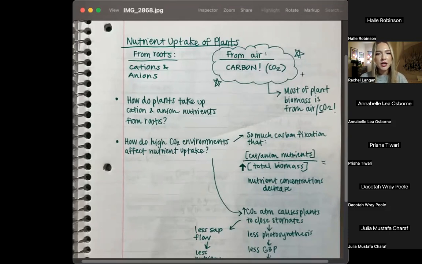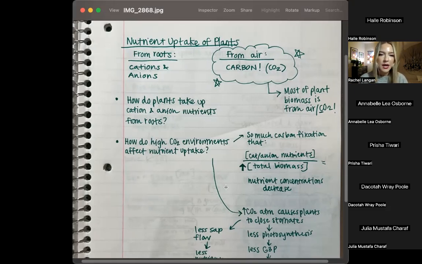I put a little star by that because you should know that most of the biomass of the plant is carbon from the air. Definitely know that for the test. So the main things you need to focus on are how plants take up cation and anion nutrients from the roots, how this changes in response to low nutrient soil, and how high CO2 environments affect nutrient uptake.